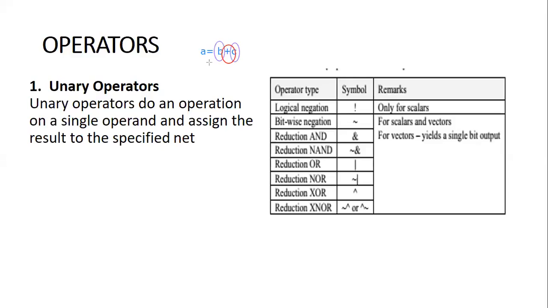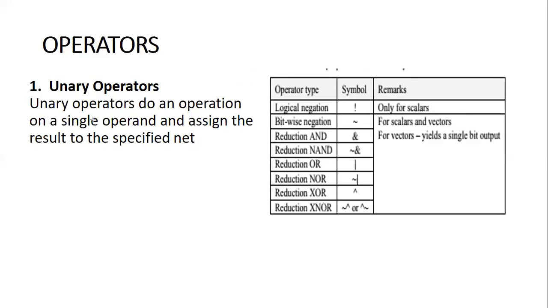If it operates only on a single variable, then it will be a unary operator. For example, y is equal to not of A. So here this not becomes a unary operator because it is operating only on one variable A.